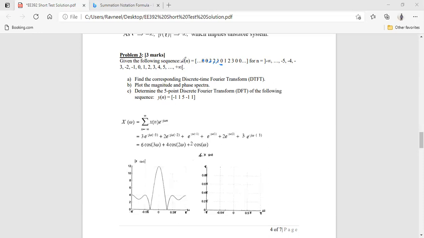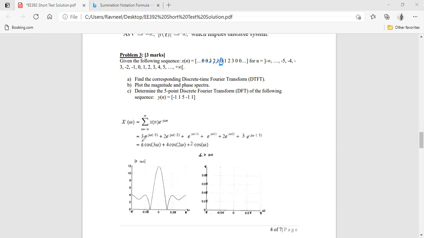So when you are identifying x of n, when it says x of 0, your value was 0 in this case. When you substituted n equal to -1, you needed to use this particular point over here, that is 1, and so forth. You need to reflect these n values. It has already been stated over here, so you just needed to reflect it on the x of n part.